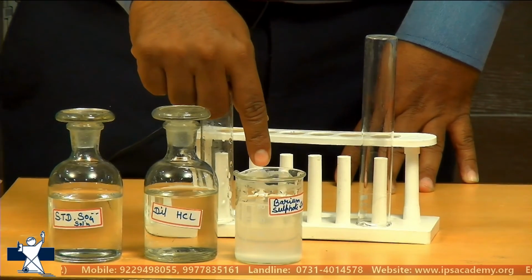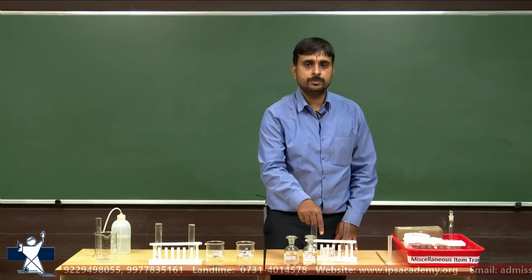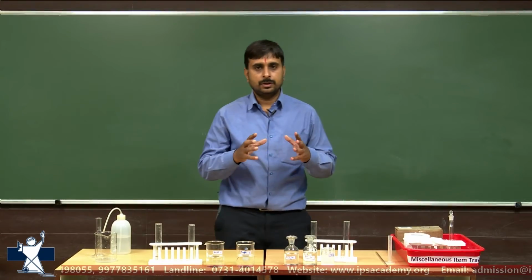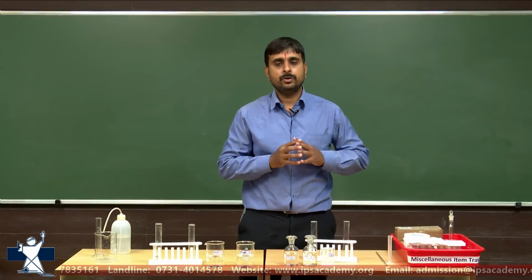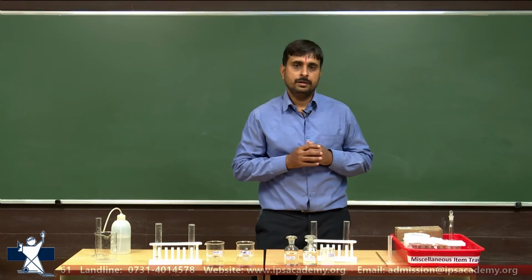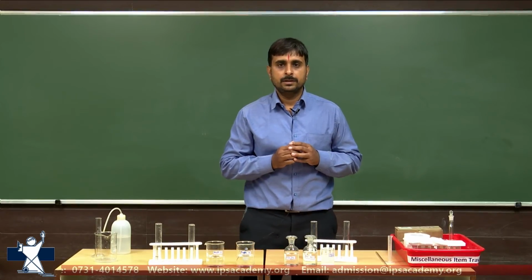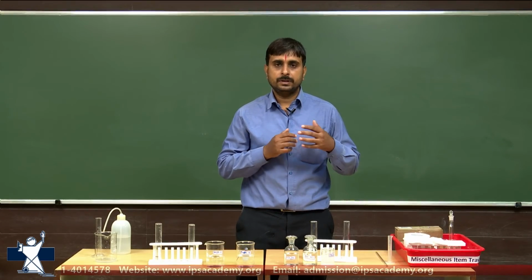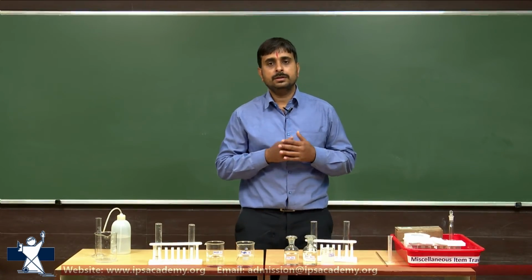This reagent will be responsible for preparing the opalescence or turbidity in the solution. It contains barium chloride, ethanol and distilled water with some amount of potassium sulfate, so that it initiates the formation of turbidity in the solutions.